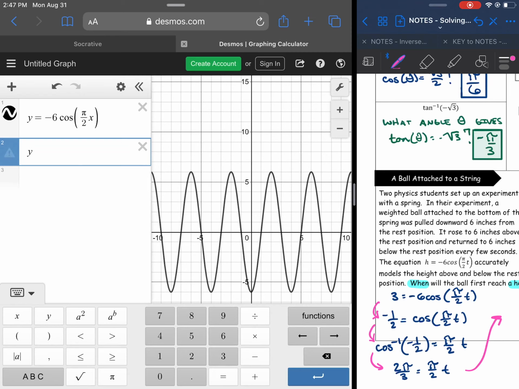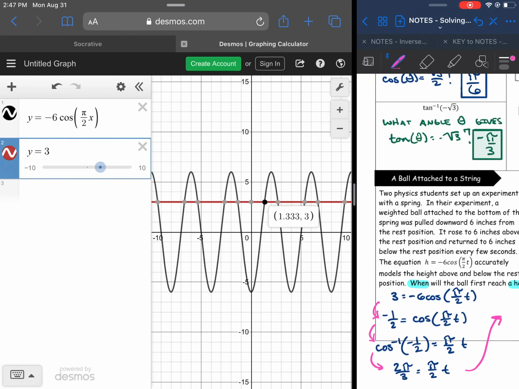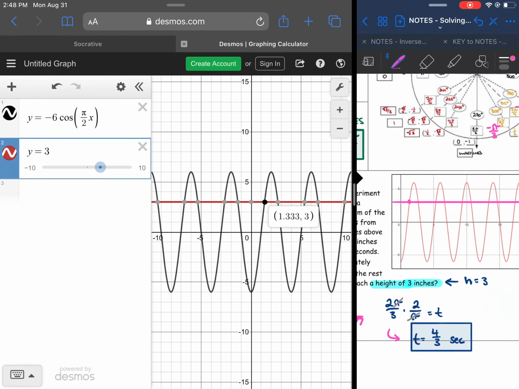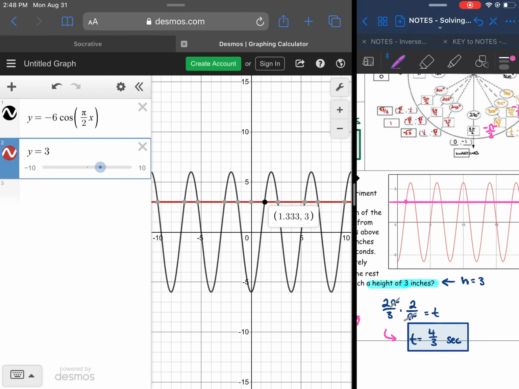So if I set y equal to 3, then Desmos is going to take that horizontal line and basically intersect it with our cosine function. And all I have to do is take my mouse, or your finger if you're using Desmos on your phone, click on that first point there, and it's going to tell me that the intersection of the cosine function and that horizontal line is 1.3 repeating, which is exactly what 4/3 seconds is.